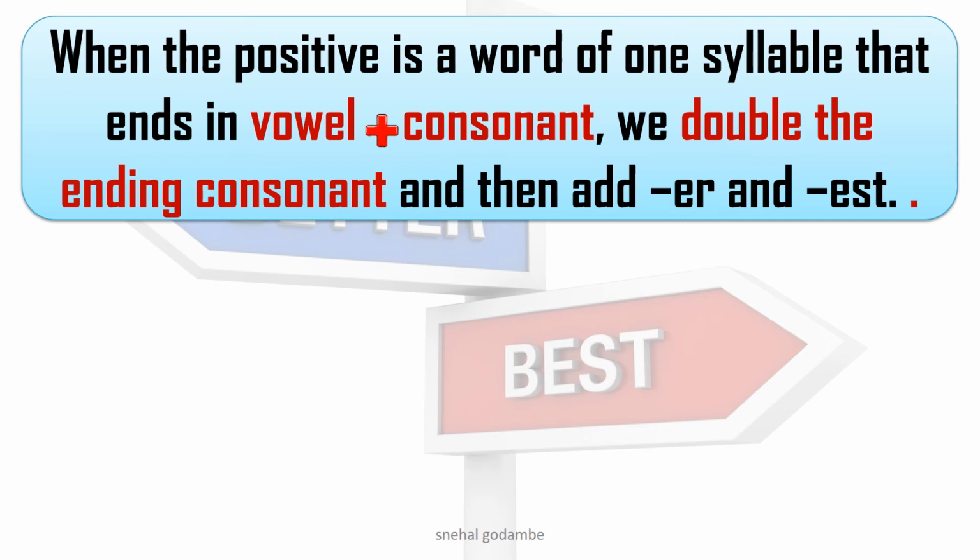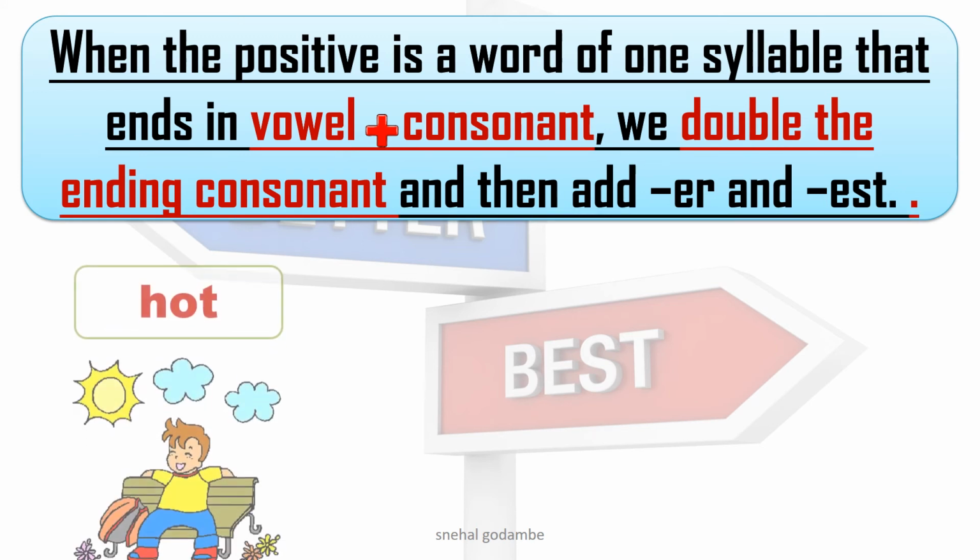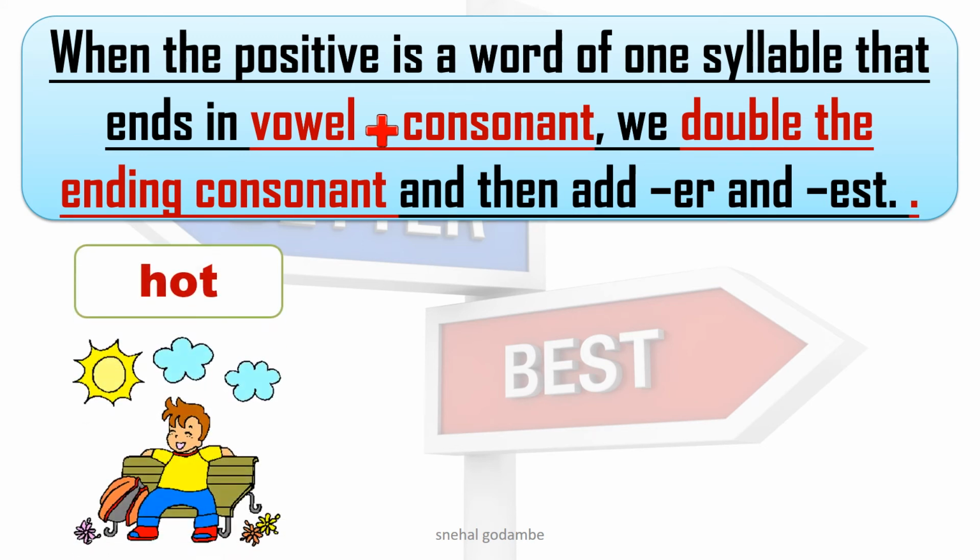For example, hot. Now it is a hot day, we say. See here, O is a vowel and T is a consonant. It is only a one syllable word and it has a vowel and a consonant. Then how do we form a comparative degree adjective? Just see.